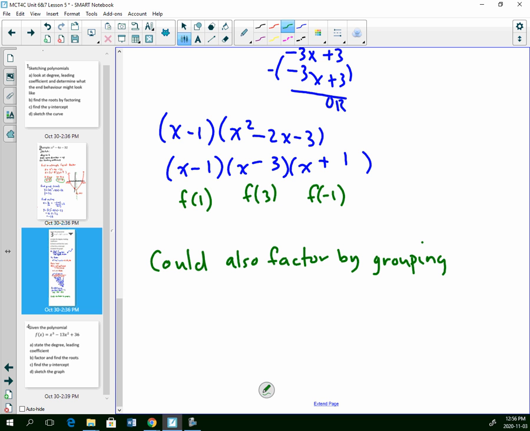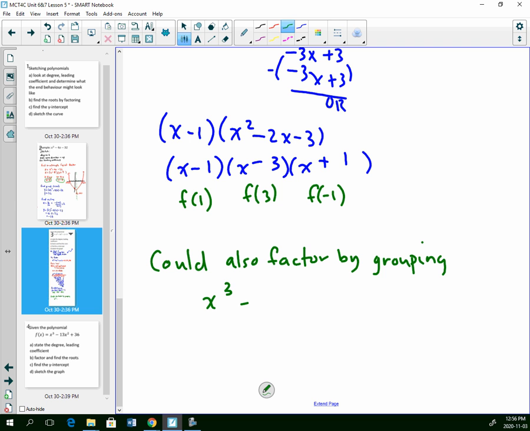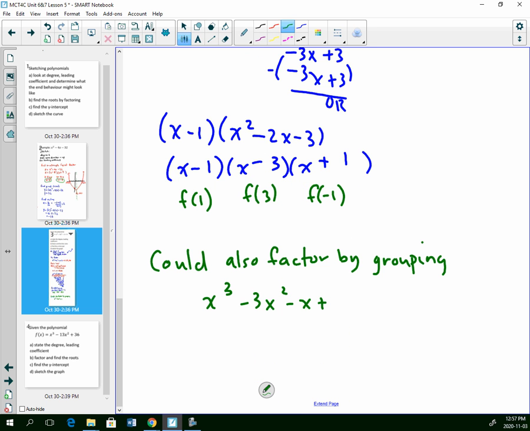So here's my polynomial, x cubed, what was it? So I could have factored by grouping. If I group the first two and the last two, common in the first bracket is x squared, so I could have taken that out.